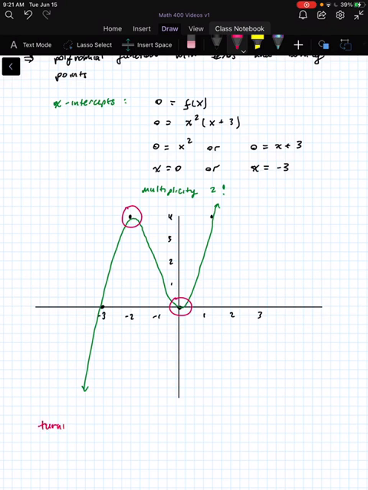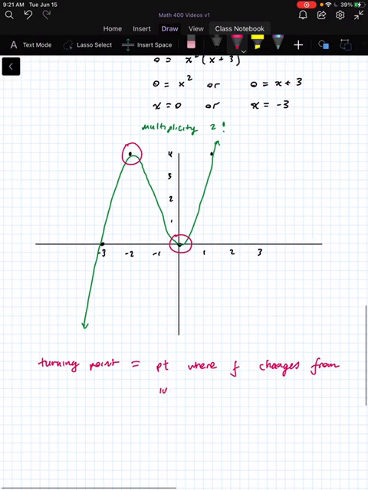What we say a turning point is, is a point where f changes from increasing to decreasing or from decreasing to increasing, or vice versa.